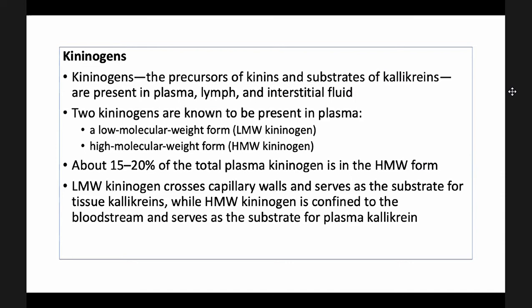About 15 to 20% of the total plasma kininogen is in the high molecular weight form. The low molecular weight kininogen crosses your capillary walls and serves as the substrate for tissue kallikreins, while your high molecular weight kininogen is confined to the bloodstream and serves as the substrate for plasma kallikrein.